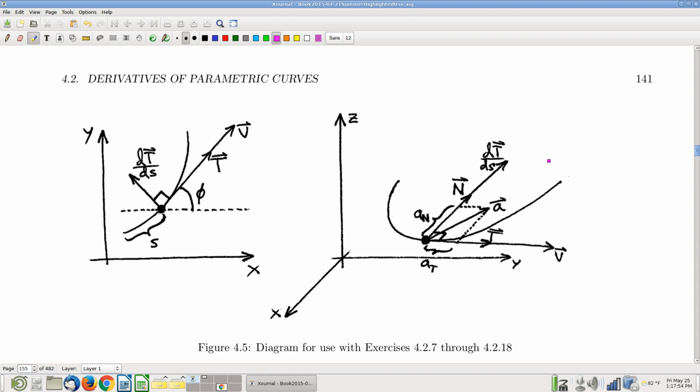I thought about making this part of the section itself in the derivatives of parametric curves section, and having an extra several pages of this stuff. But I think it actually works better as an exercise or as a series of exercises. So what we have is a series of exercises that will culminate in a formula for how to compute the curvature of a parametric curve in 3 dimensions.